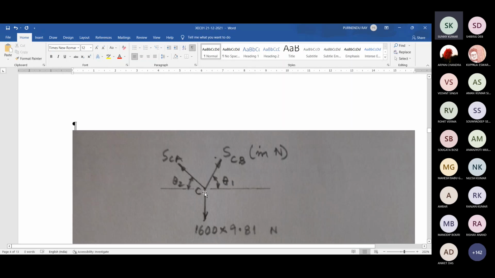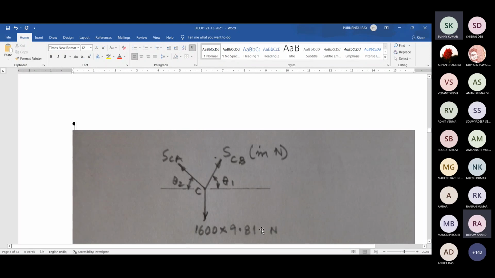After that, for equilibrium, these three forces can form a triangle. Now what should be the known side given in all respects? The direction is vertical downward for this given weight, and the length is proportional to 1600 multiplied by 9.81. One thing I should mention: normally from our schools, to avoid calculation complexity, we assume g as 10 meter per second square.